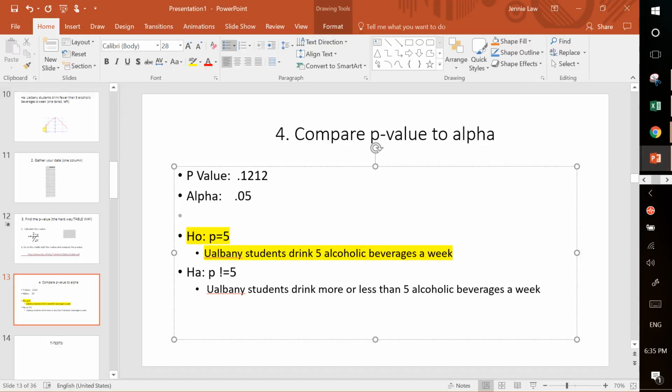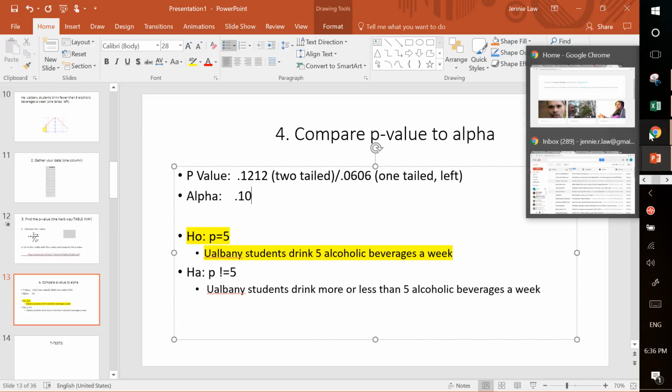We would still fail to reject our null hypothesis because 0.0606 is greater than 0.05. But we'd actually be closer. And if we had in fact set our alpha level, for example, to 0.10, at this point, if we had a one-tailed left hypothesis, we would reject our null hypothesis in favor of our alternate hypothesis.